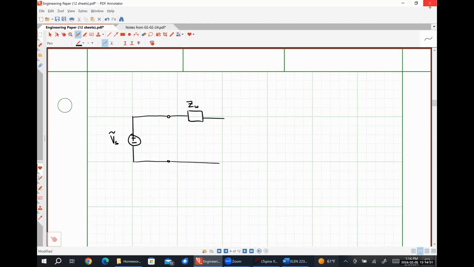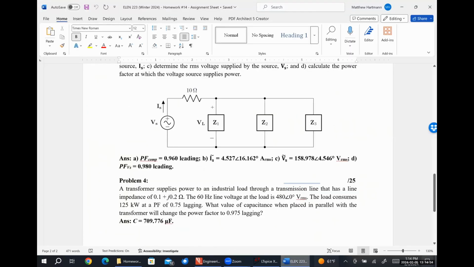Then I have a load, which I'm told consumes 125 kilowatts at a power factor of 0.75 lagging.